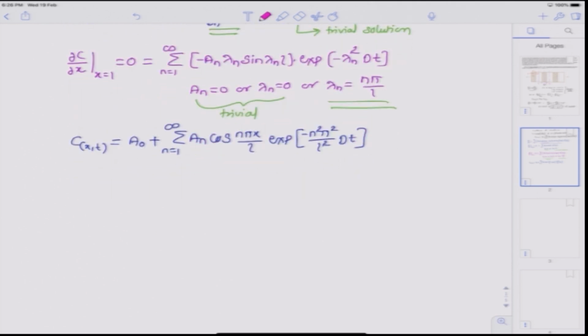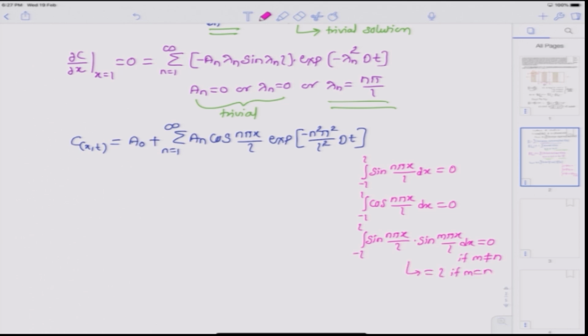So, we know integral minus L to L sin n pi x by L dx is equal to 0, integral minus L to L cos n pi x by L dx is equal to 0, then integral minus L to L sin n pi x by L sin m pi x by L dx is equal to 0 if m is not equal to n, and this integral is equal to L if m is equal to n.